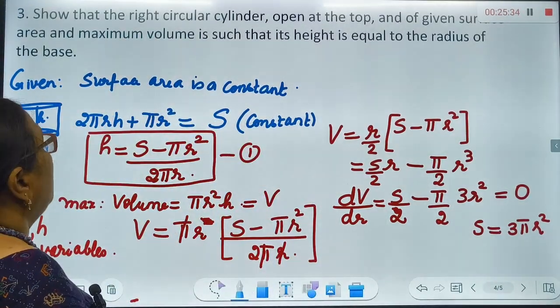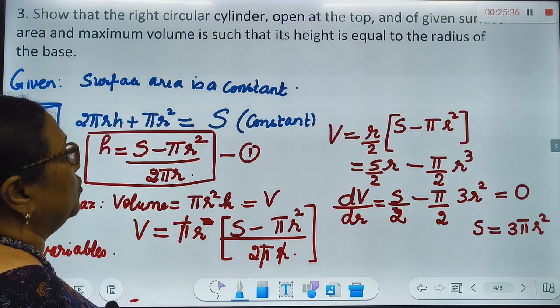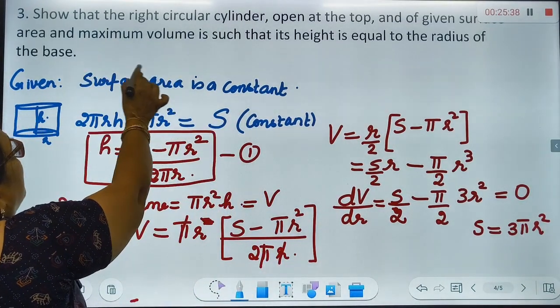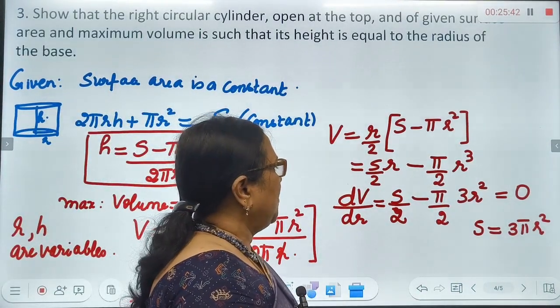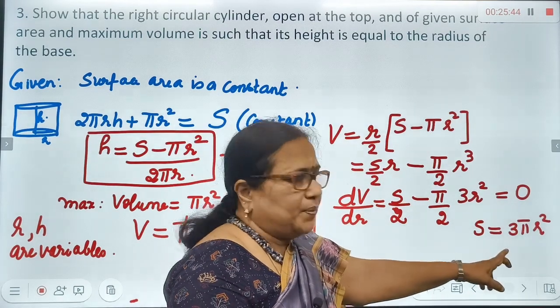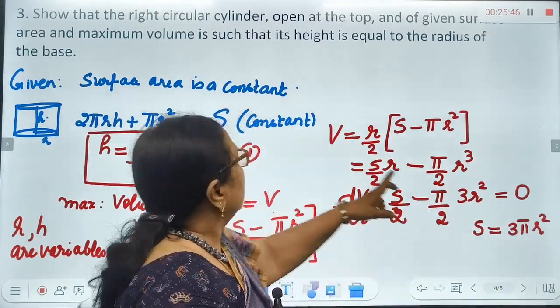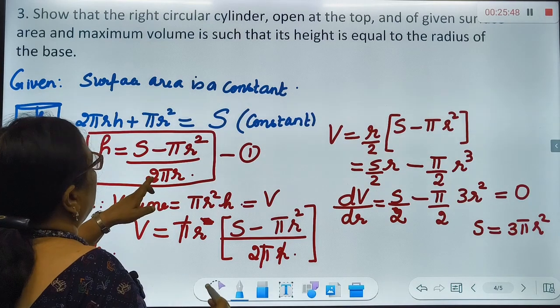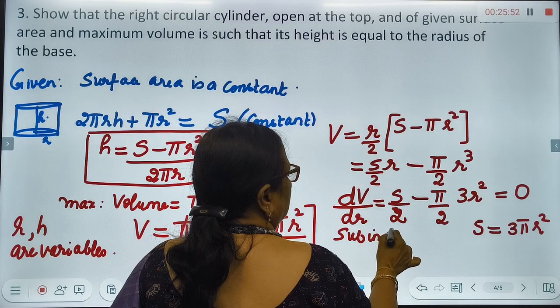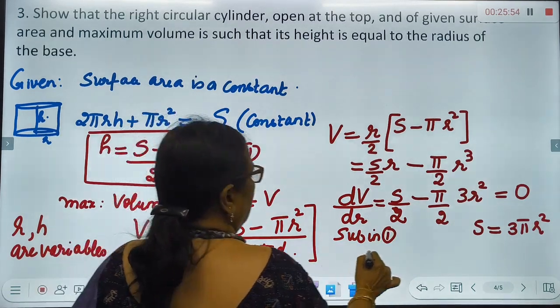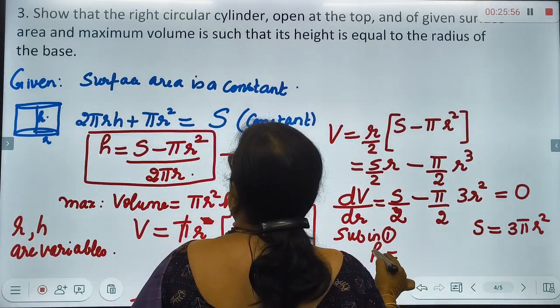We want to find what it is that we need to prove. When the volume is maximum, we are speculating that the volume is going to be maximum when S is 3 pi r square. Okay, then what is the relation between h and r? You substitute in 1. Substituting in 1, you get h is equal to, what is S?